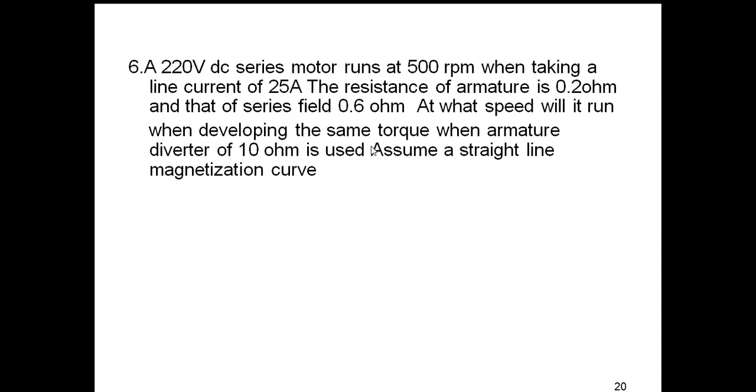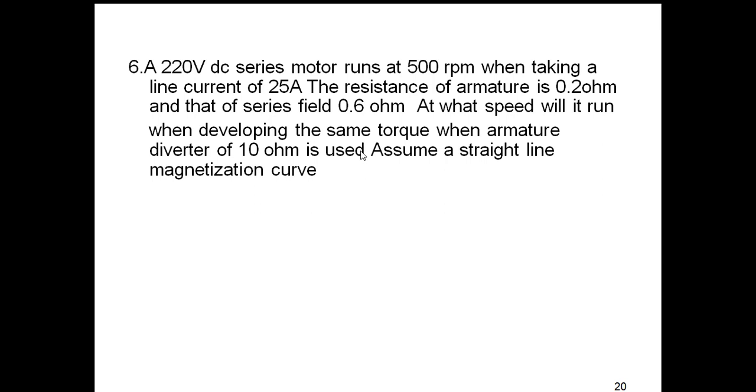Now let us solve the last problem. That is a 220 volt DC series motor runs at 500 rpm when it takes a line current of 25 amperes. The resistance of armature is 0.2 ohms and that of series field is 0.6 ohms.